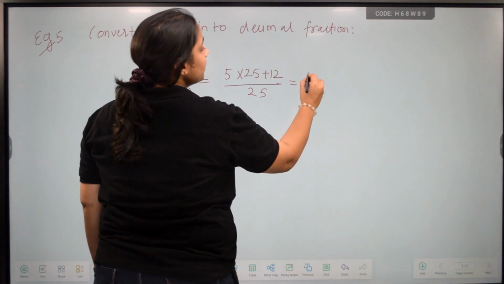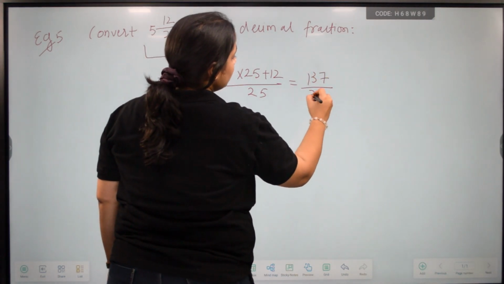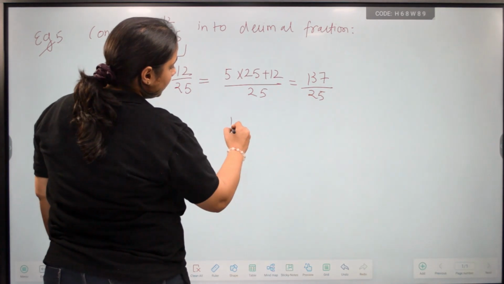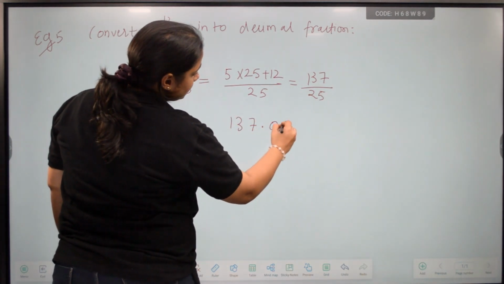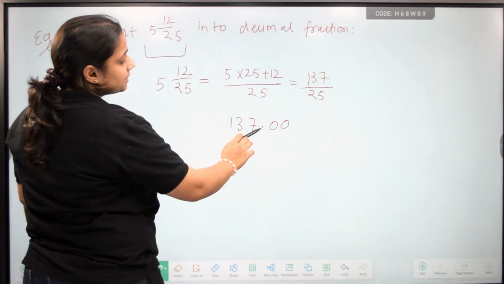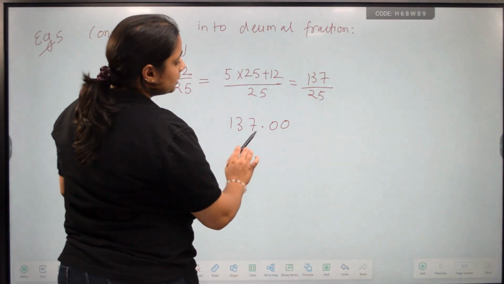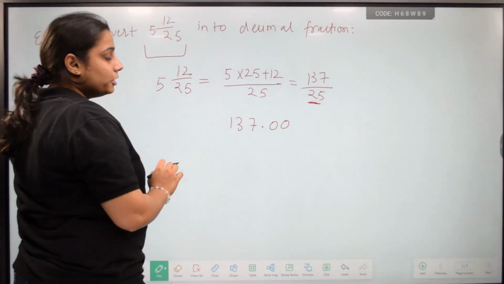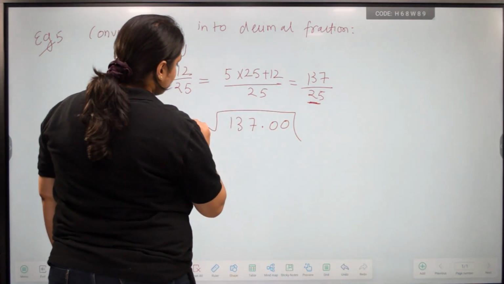So it is 137 upon 25. Now divide this fraction. I am placing the decimal and writing two decimal places after it, because we have two digits in the denominator. Let's divide this.